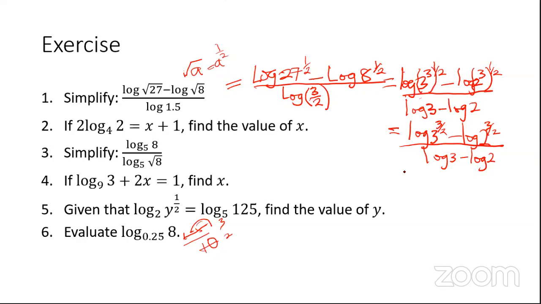So the power here is 3 over 2, extra power. You take it to the back, it becomes 3 over 2 log 3 minus the same thing here, 3 over 2 log 2, divided by log 3 minus log 2.